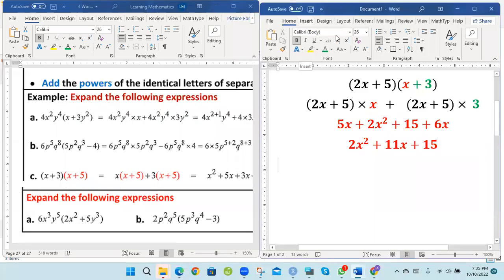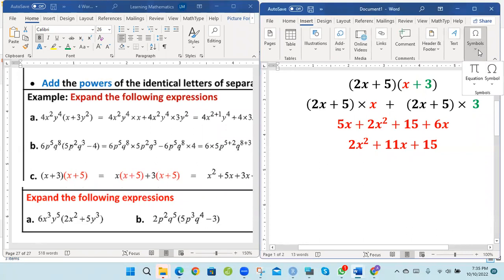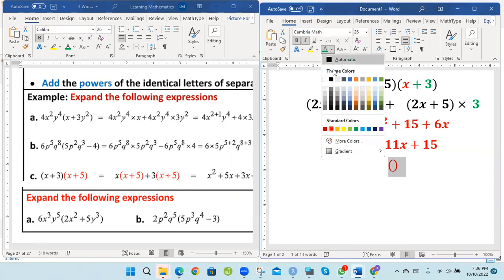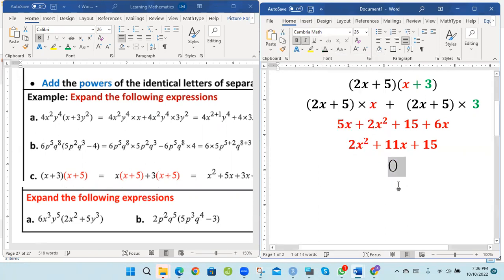Let's do another example a little quicker. We're going to do one with negative numbers. Let's say, for instance, you have 3x take away 2 times x plus 7.